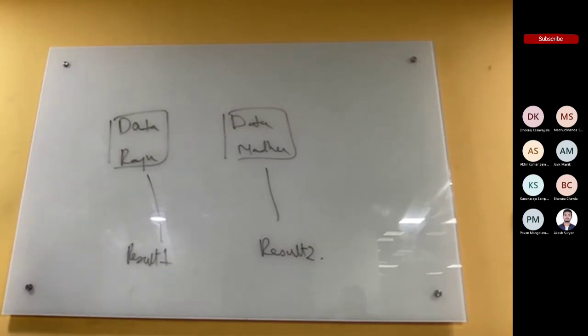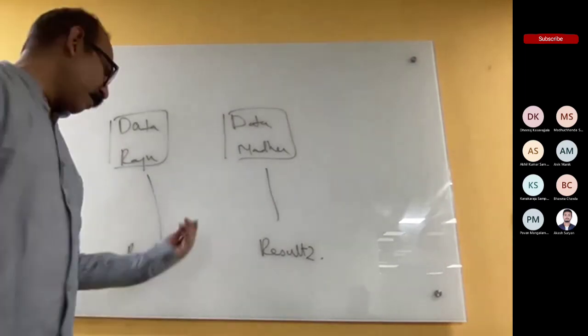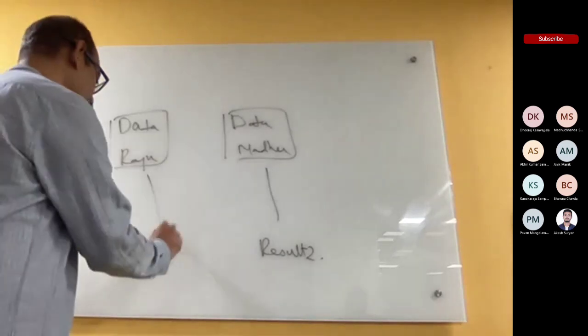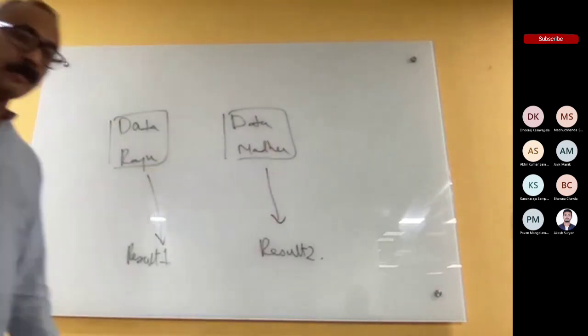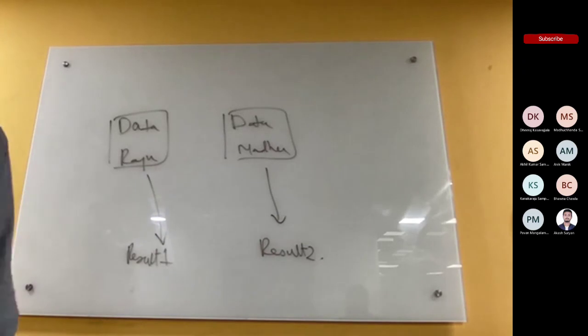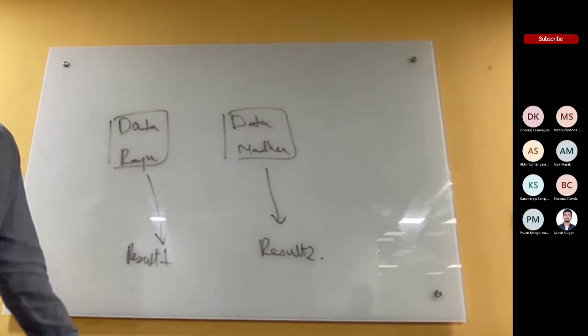Both of them will be statistically valid. Both may even show statistical significance for all I know. So which one is right? How do I know?